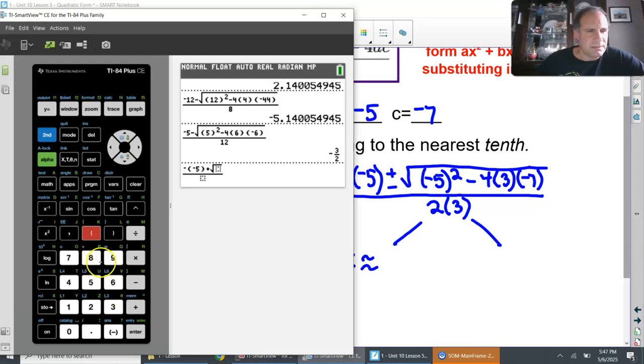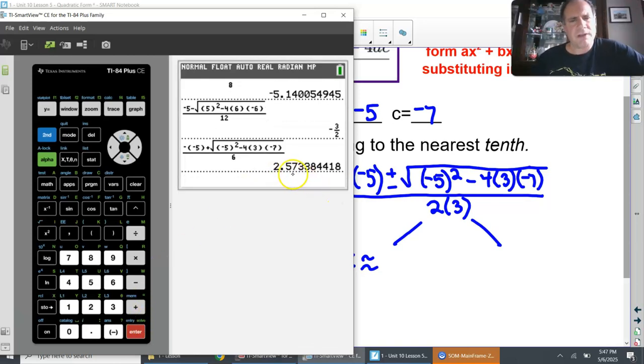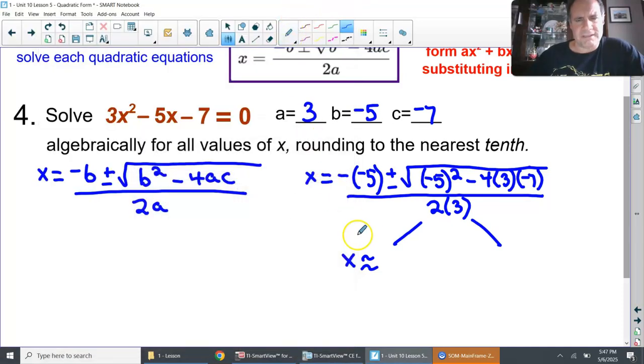It is what it is. -5 squared, which is, it really is 25, -4 times the 3 times the -7, is all over 6, and enter. So this is rounded to the nearest tenth. Rounded to the nearest tenth, that's 2.6.